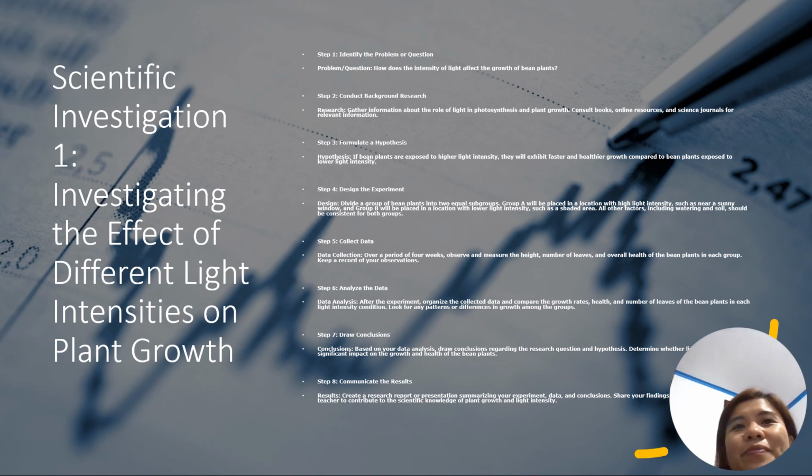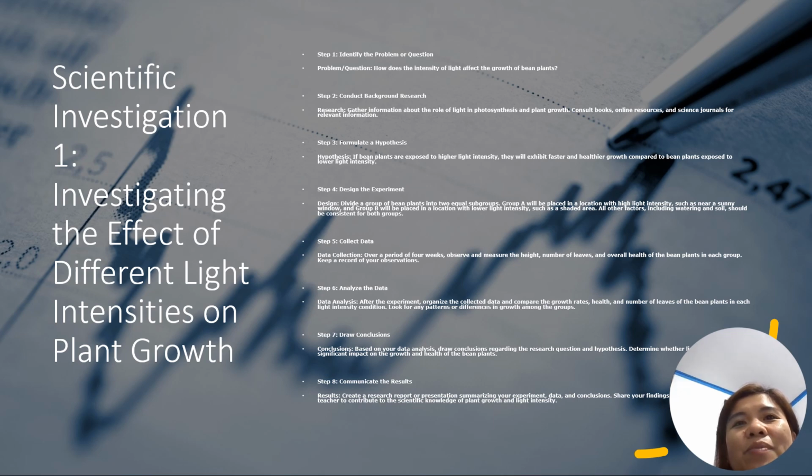Then we have step 7, draw conclusions. Conclusions are based on your data analysis. Draw conclusions regarding the research question and hypothesis. Determine whether light intensity has a significant impact on the growth and health of the bean plants.